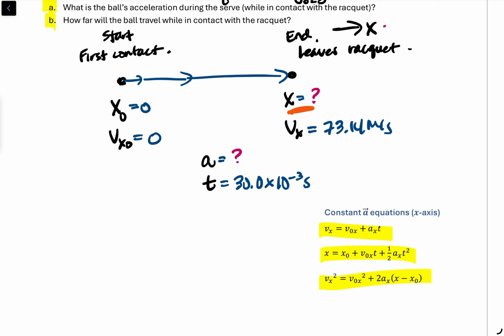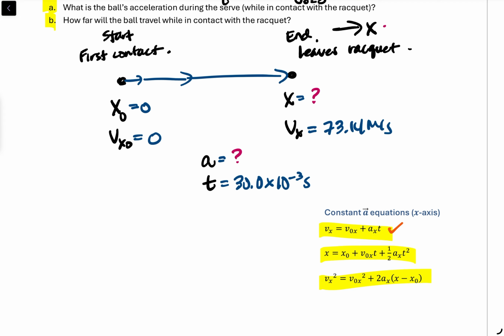So if I look at this equation, it has my V final, which we know, it has my V initial, and it has a T. So it has everything that we know, and the thing we want, which is the acceleration, and all of the other pieces of that equation were given to us. So that's going to be an ideal equation to pick to solve for acceleration.